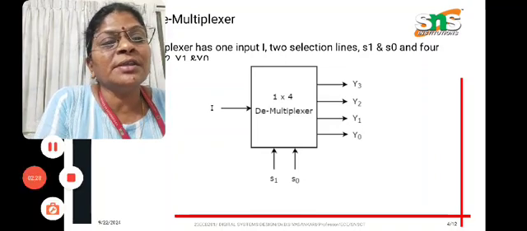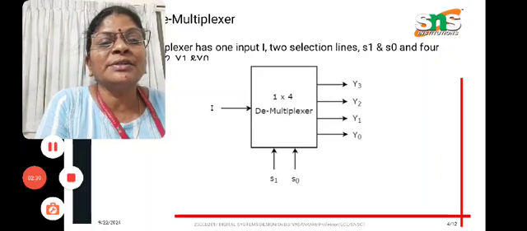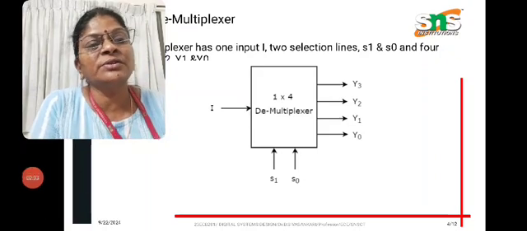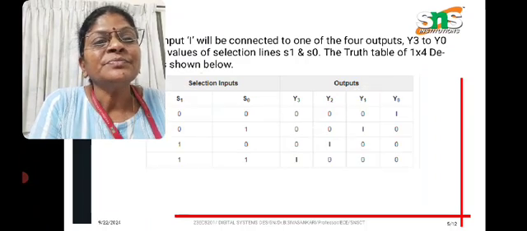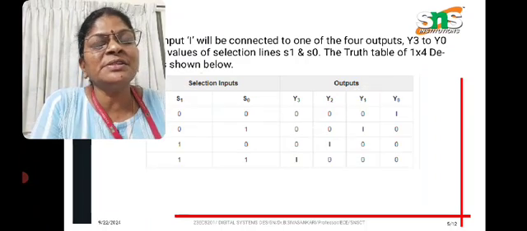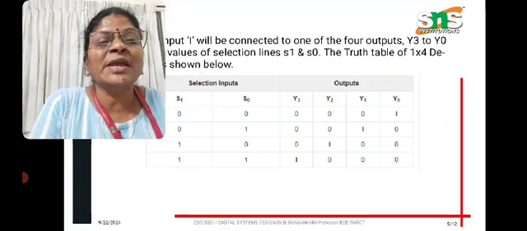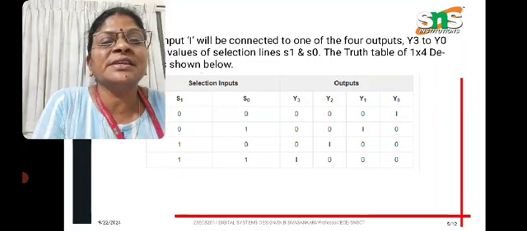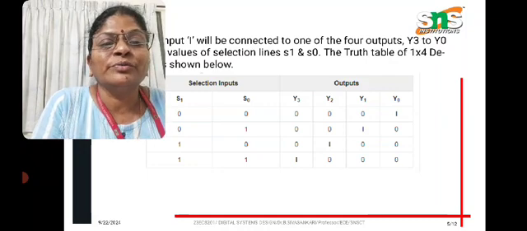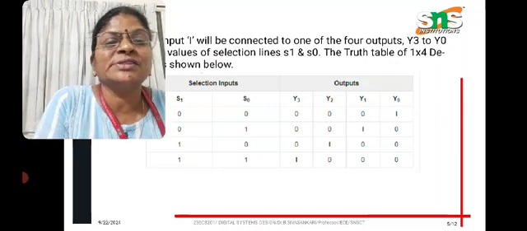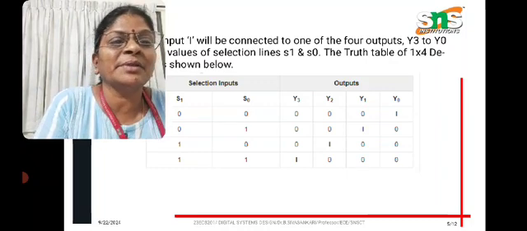Here we have 1 input, 4 outputs and 2 selection lines, S0 and S1. This is the truth table. The truth table represents the operation of the demultiplexer. We have selection lines S0, S1 for two variables: 00, 01, 10, 11, and the outputs you can see are diagonally selected from the right end.